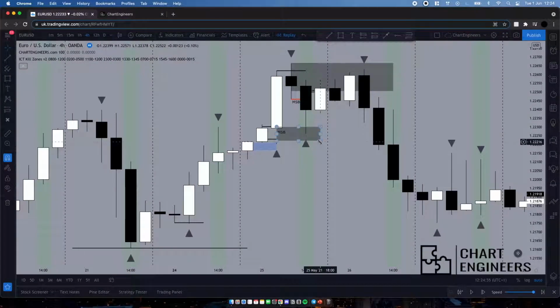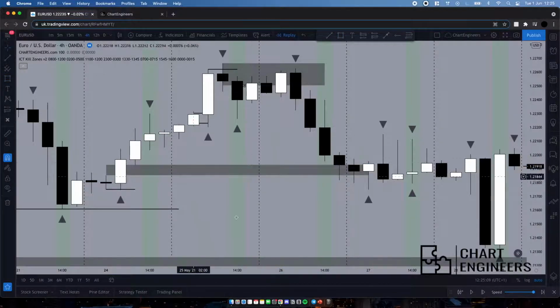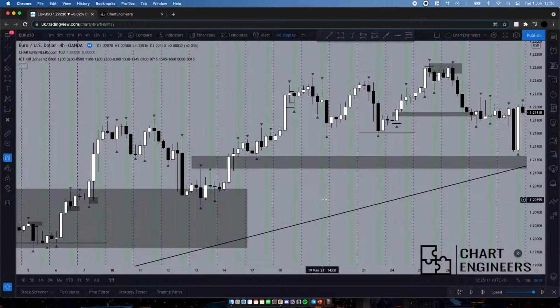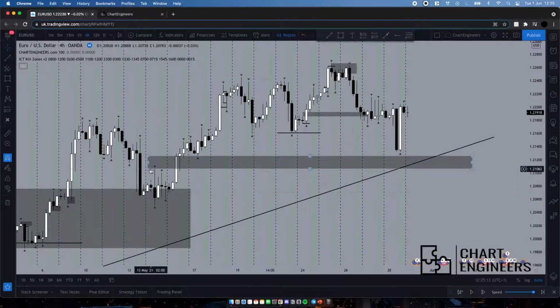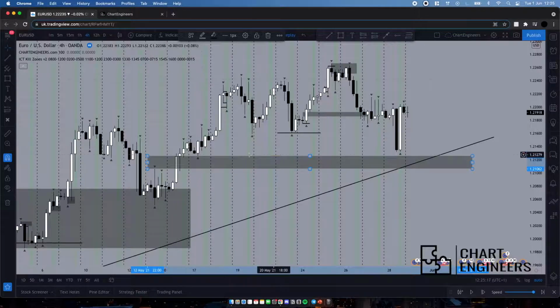And then I'll just clean up this a bit. So now we're here. I saw that price created this FVG below, and we still had that FVG over here on the daily time frame.